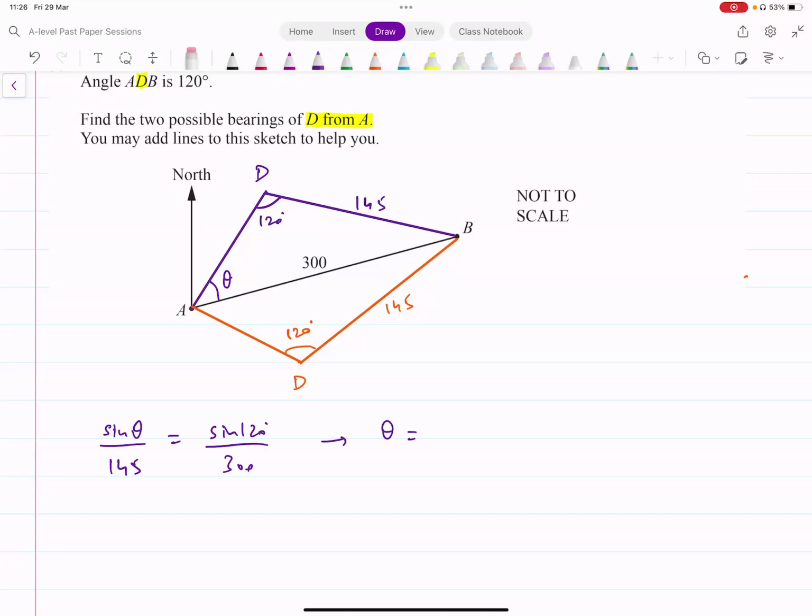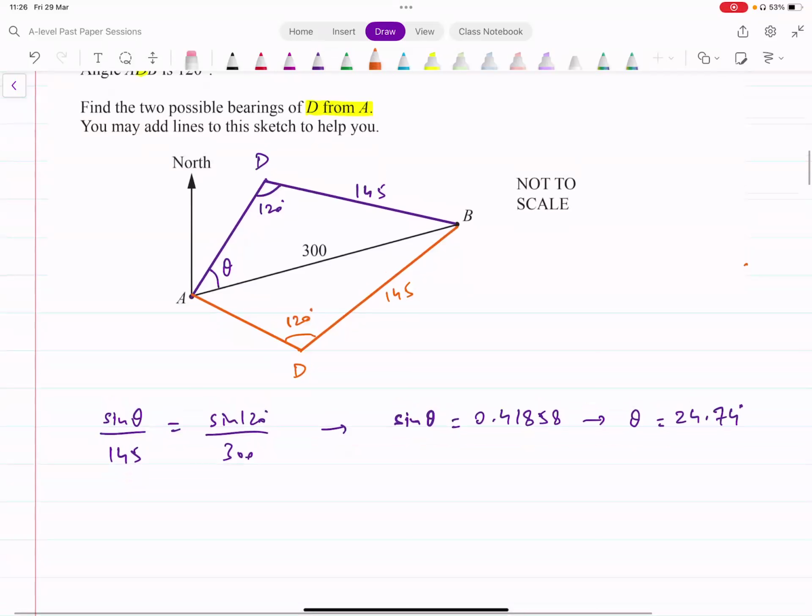I'll show the working for this. This gives sine theta equal to 0.4185. And if we do sine inverse of that, theta turns out to be 24.744 degrees. That's the value of theta that we get.